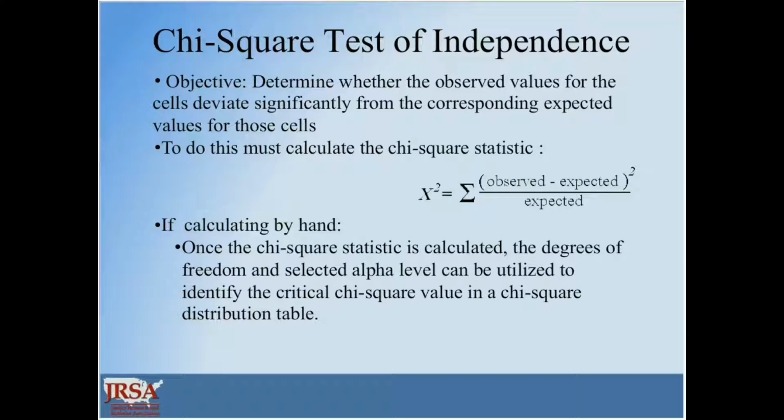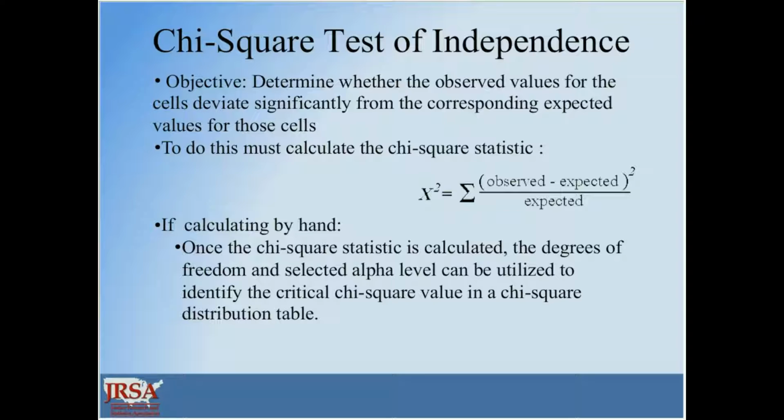Okay, chi-square test of independence. While we won't go into the equation or how to calculate it by hand, I do want to take a moment to clarify and talk about observed cells and expected cells. The objective of a chi-square test of independence, which is referring again to that chi-square statistic, is to determine whether the observed values for the cells deviate significantly from the corresponding expected values for those cells.